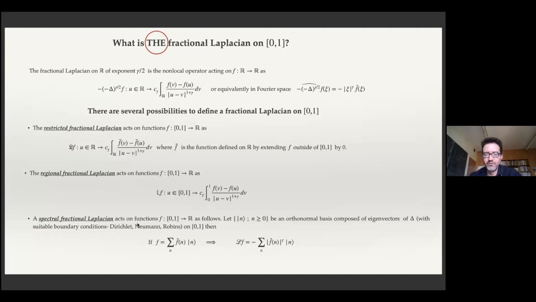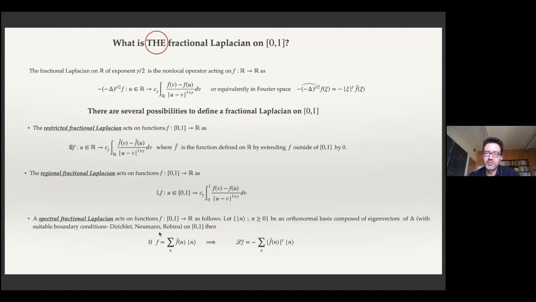There are also some other possibilities, which are the spectral fractional Laplacian, in which you take a function f, and you say, okay, let me choose some orthonormal basis composed of eigenvectors of the Laplacian with suitable boundary conditions. So, for example, Dirichlet boundary condition, Neumann boundary condition, Robin boundary condition. So it can be cosine, it can be sine, with cos(pi n x), sin(pi n x), or something else.